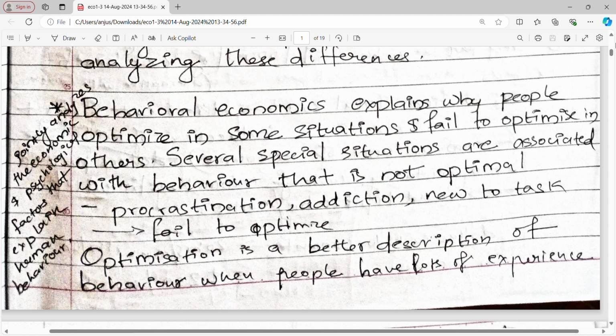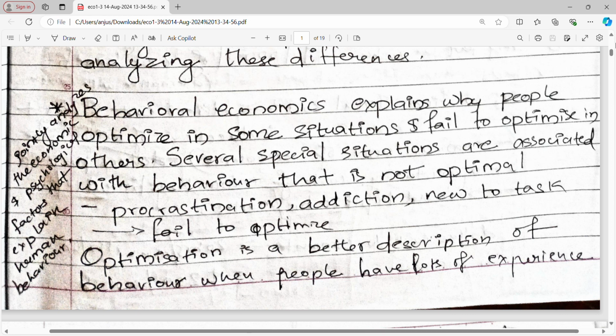Next is behavioral economics. Let's see what its connection is. Behavioral economics jointly analyzes the economic and psychological factors that explain human behavior. In economics, we solely study the economic factors that explain human behavior, but in behavioral economics, we jointly analyze human behavior with both economic and psychological elements.